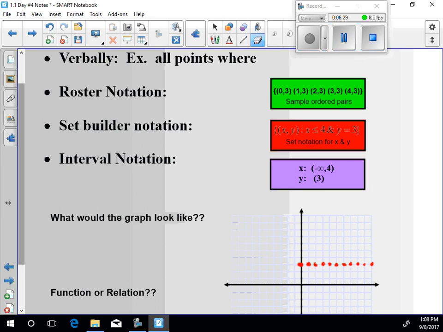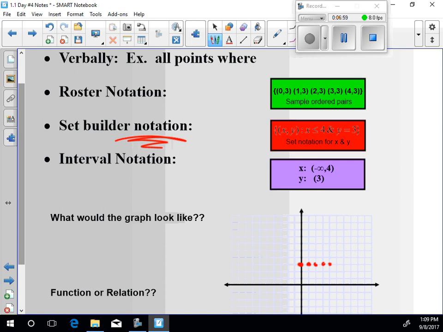Technically speaking, based on that, my set should only look like that, based on that notation. Based on this notation, how would this set builder notation make that graph look different? This says all points x, y, such that x is less than or equal to 4 and y always equals 3.